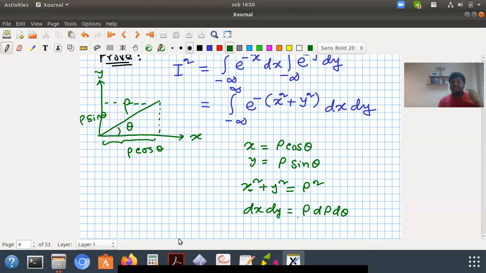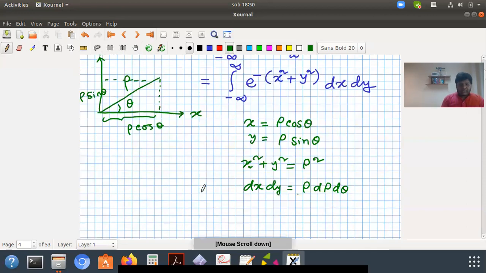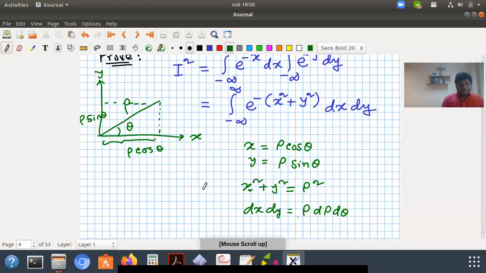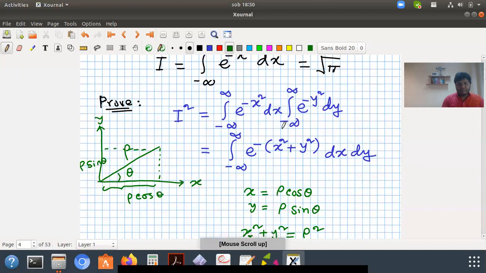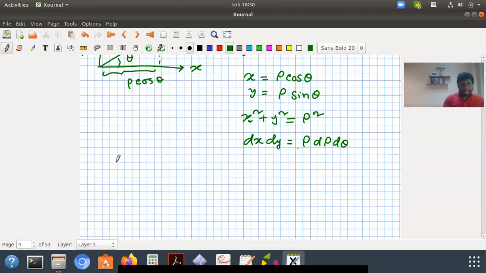So when we change the coordinate system from Cartesian to polar, look once again at I square, which equals this quantity. There are two integrations, one over x and one over y. We change these to polar coordinates, theta and rho.